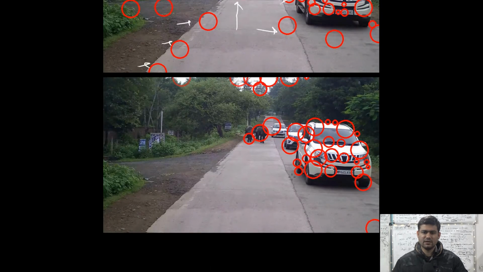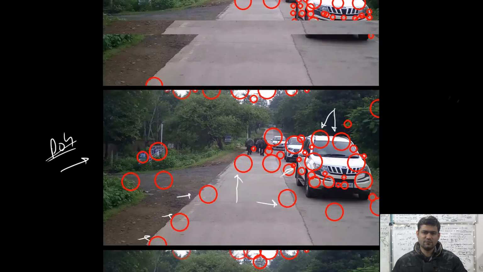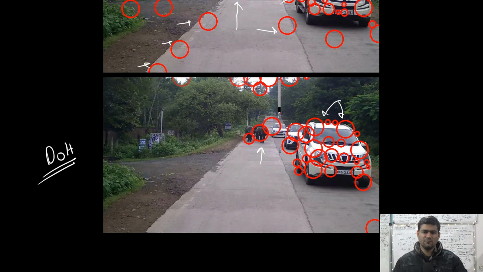Finally, here we have the determinant of Hessian, and we can see that for the blob responses on the vehicle, the quality of blobs has slightly improved. Here also, I think determinant of Hessian is the only detector which is showing these buffaloes as blobs in images.